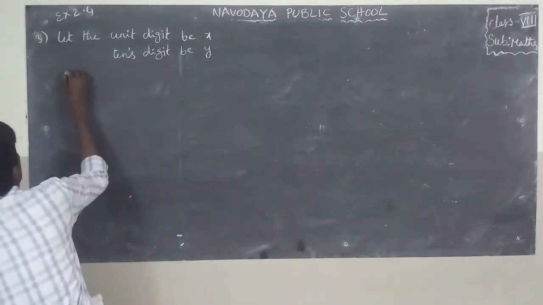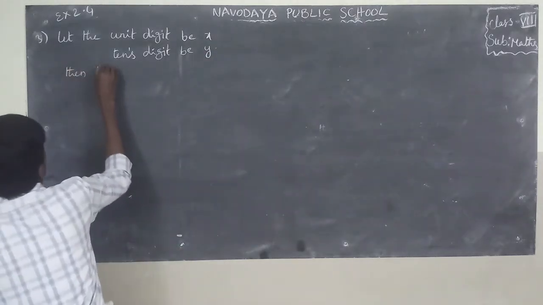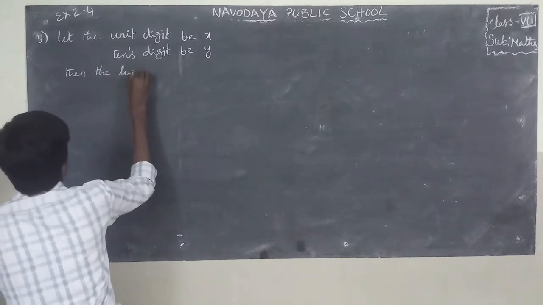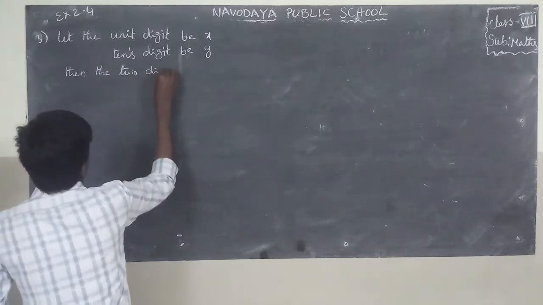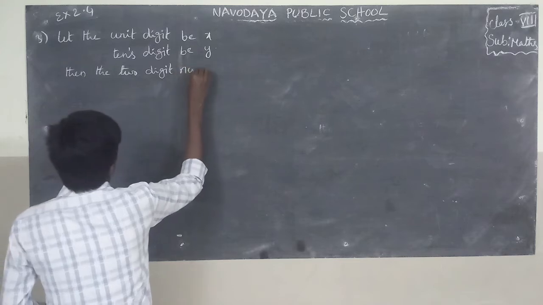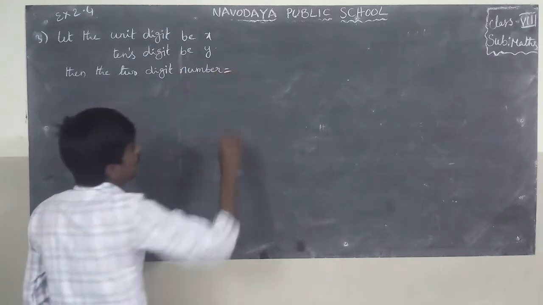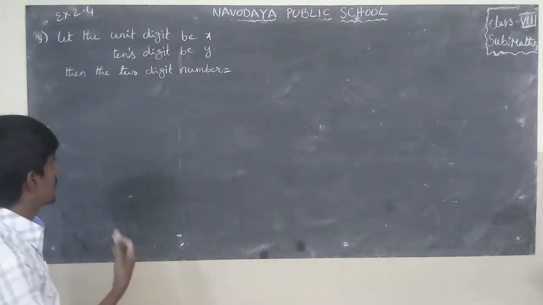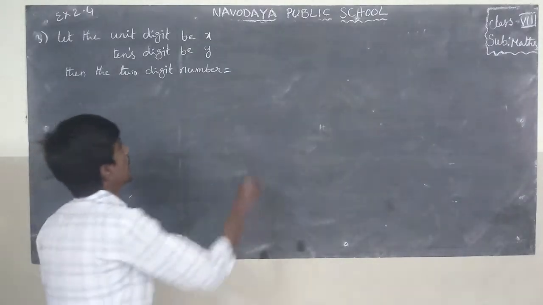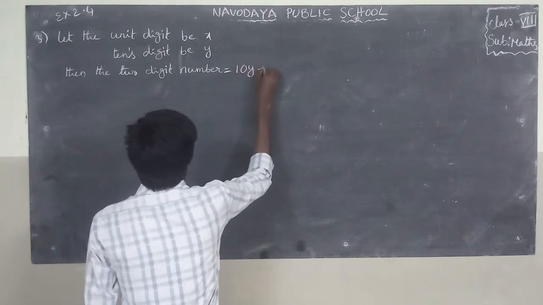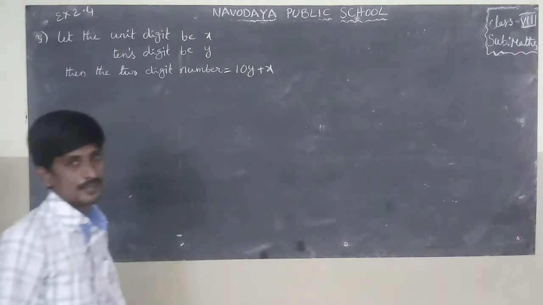Then what is the two-digit number? 10y plus x.